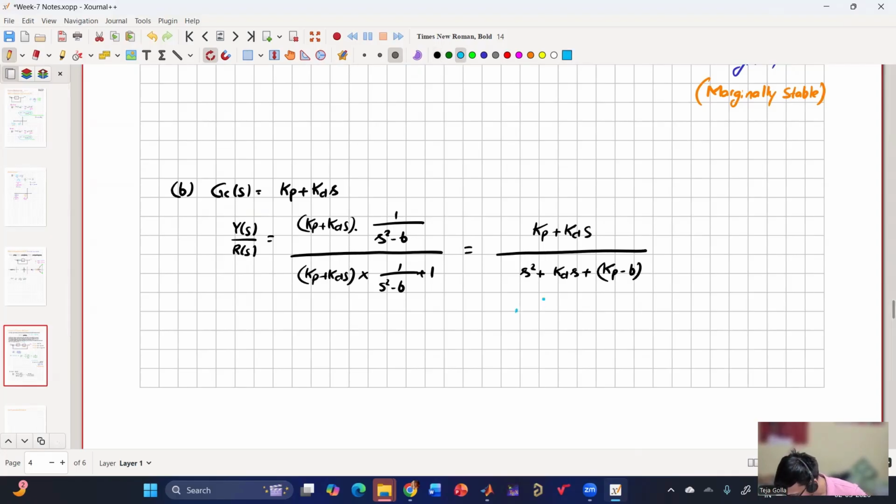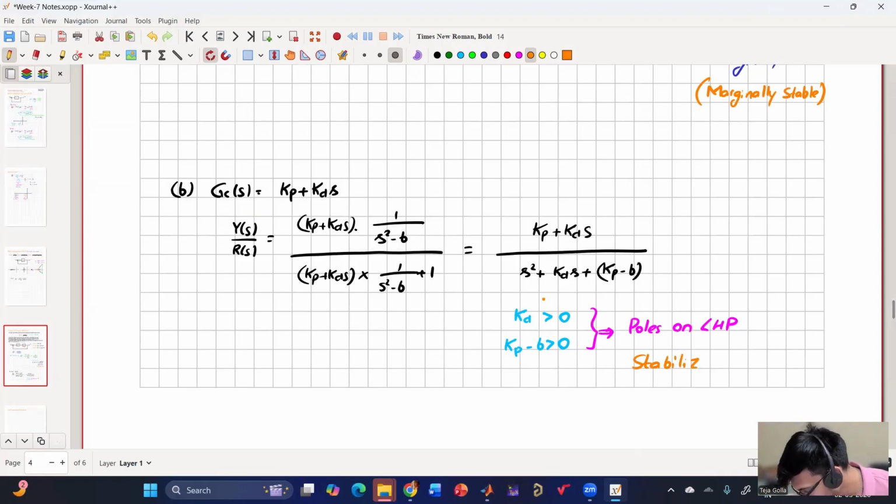So now if I consider my Kd to be positive, also Kp minus b to be positive, then I'll have poles on the LHP. So with this, I can say that the system can be stabilized.